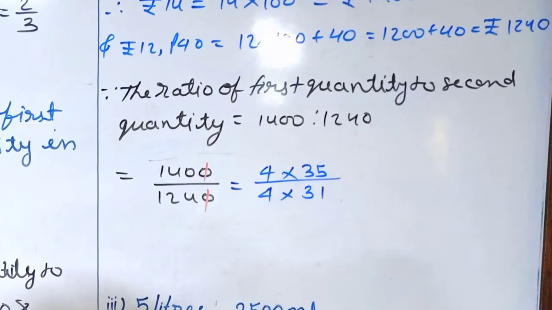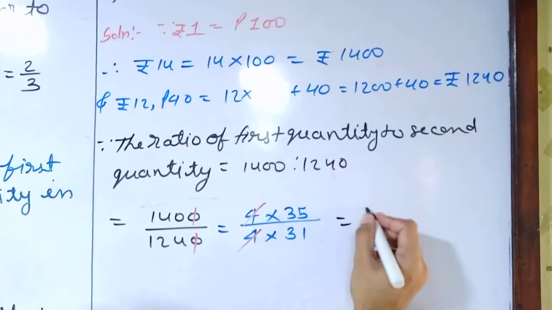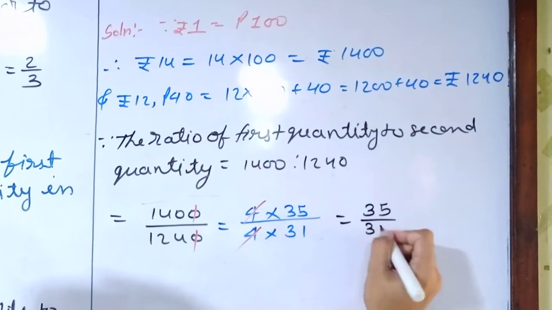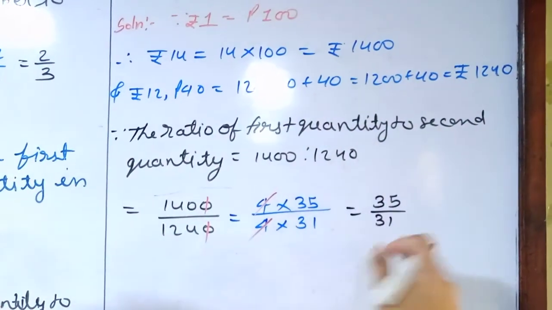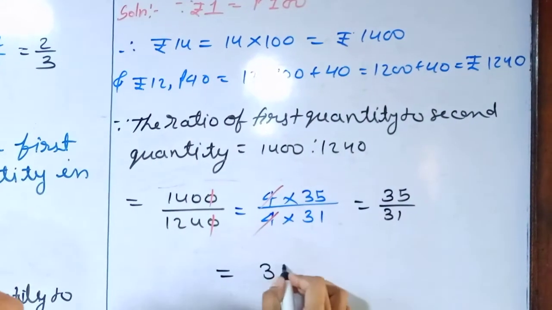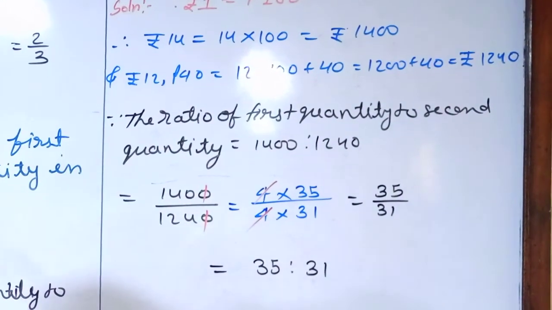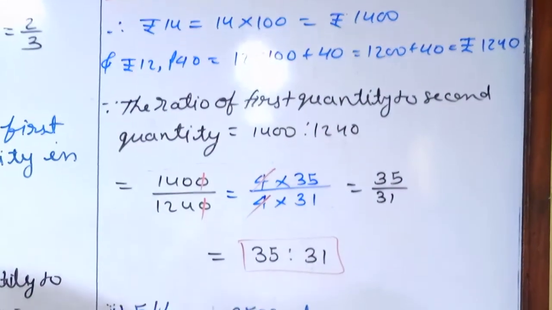So here we cancel these 4, and what remains is 35 upon 31. 31 is a prime number, so it cannot be factorized any further. So it becomes 35 is to 31. We should not mention the unit in the answer.